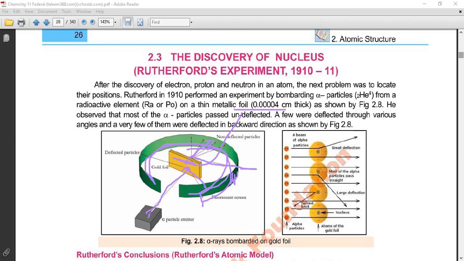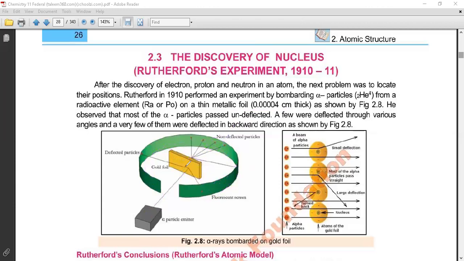Out of a very large number of alpha particles emitted, most remained undeflected and passed straight through the metal foil, struck over here and caused a glow. But a very few were deflected back, or deflected at an angle of 45 degrees.